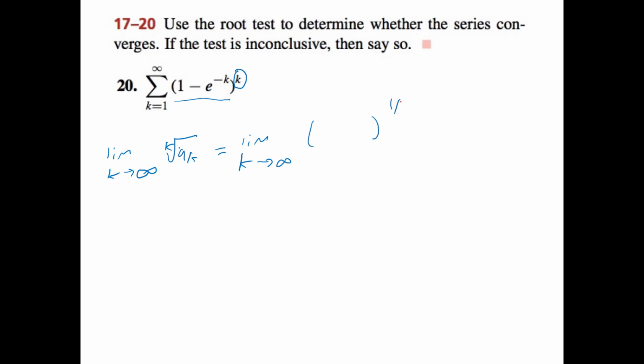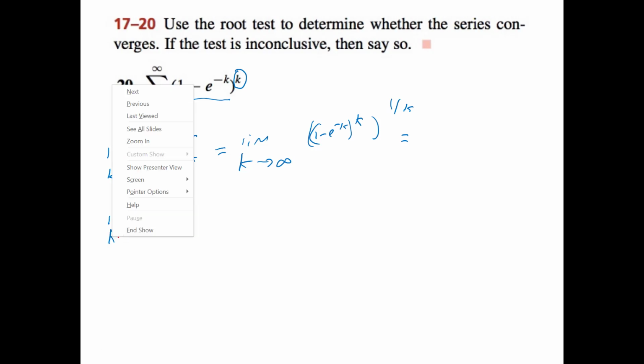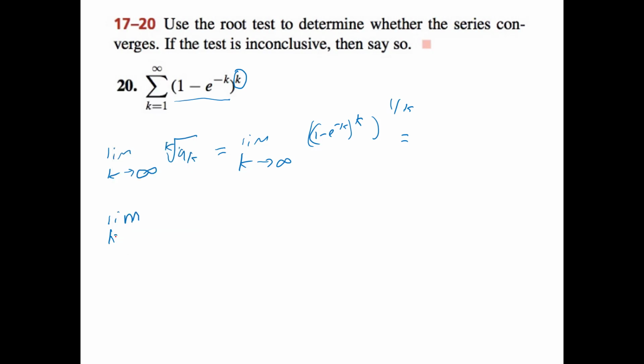It's easier to see it as 1 over k. And then you have 1 minus e to the negative k, to the k. And then these will cancel out. And so then this will become the limit as k goes off to infinity of 1 minus e to the negative k.